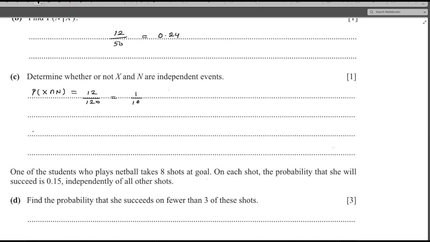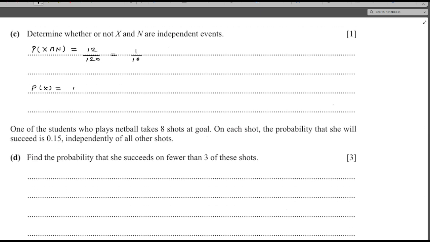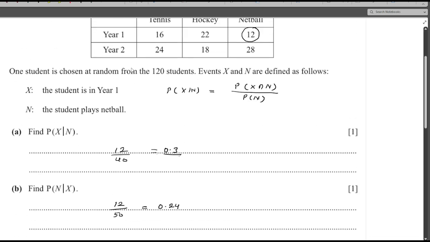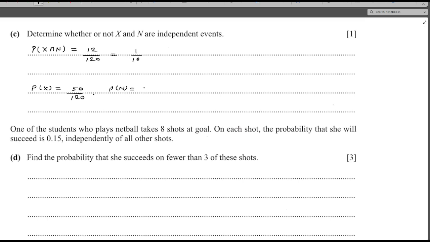Now probability of X means the student is in year 1, it is 50 divided by 120. And probability of N, that the student plays netball, is 40 divided by 120.